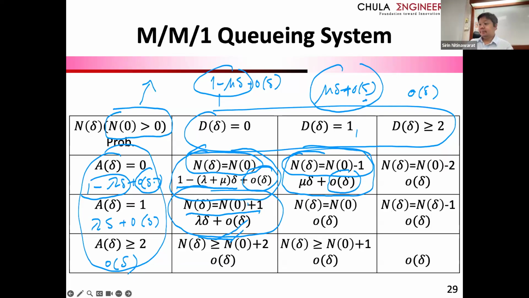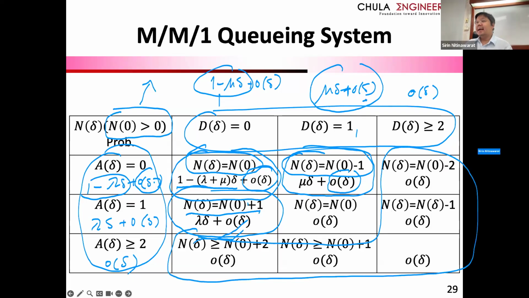And for all these other events, it's very easy to see that their probability will be sublinear, right?